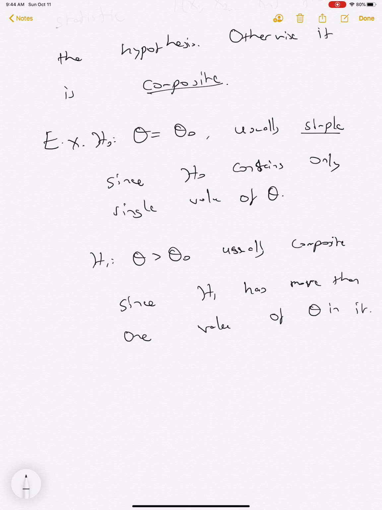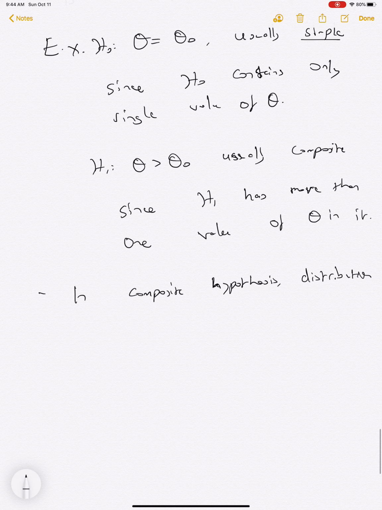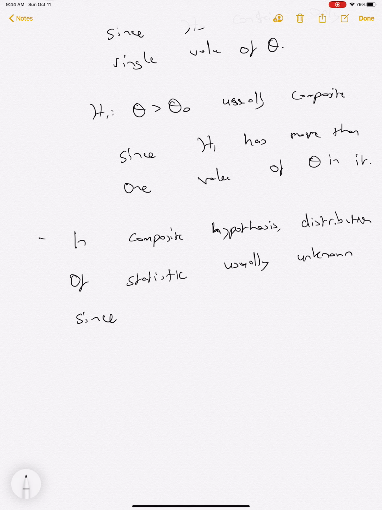So in composite hypotheses, the distribution of the test statistic is usually unknown, since there is more than one value of theta.